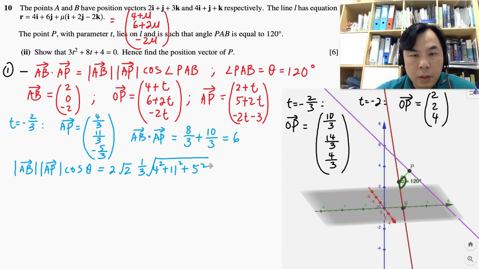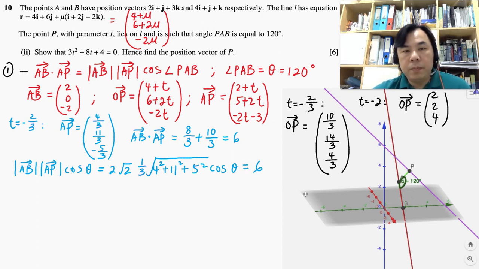Okay, and then here we have cosine theta, which is equal to 6 here, right? Now, if you try to simplify this, we will end up with 12. Did I get it right? Just let me check one more time. 18, 6, 12. Yeah, correct.